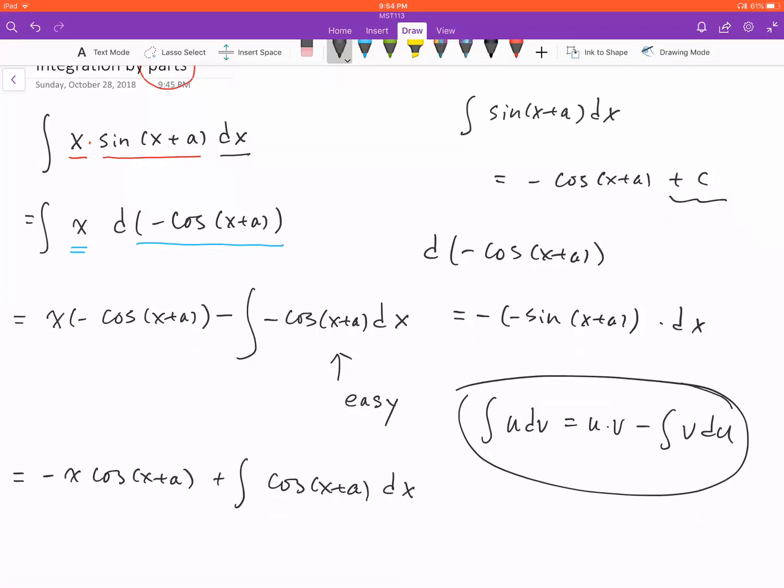And one more step, then we have the answer. So this is equal to negative x cosine(x + a) plus sine(x + a). This is an indefinite integral, so you add C at the very end. All right, that's it.